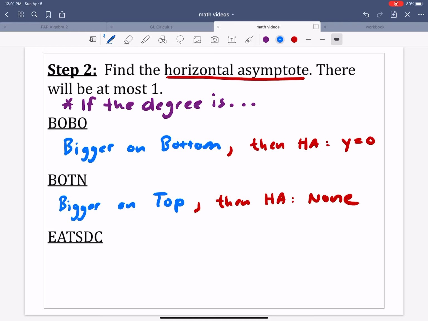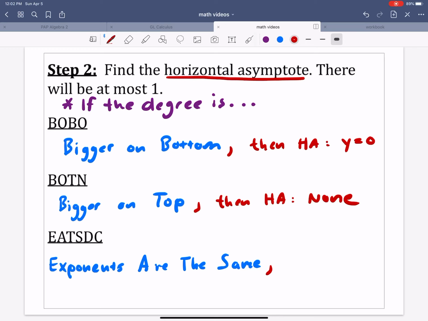Okay? And the third and final one, EATS DC. So if the exponents are the same, that means the exponent on the top matches the exponent on the bottom, like x cubed on the top and x cubed in the denominator.